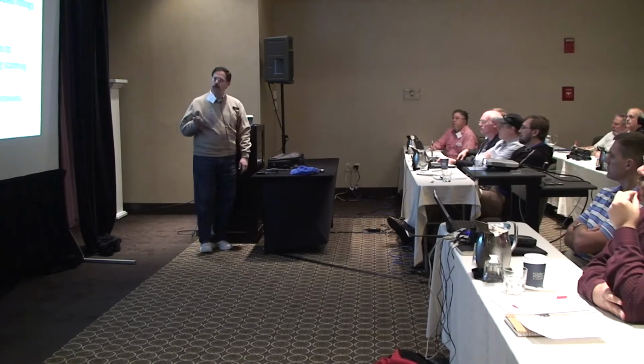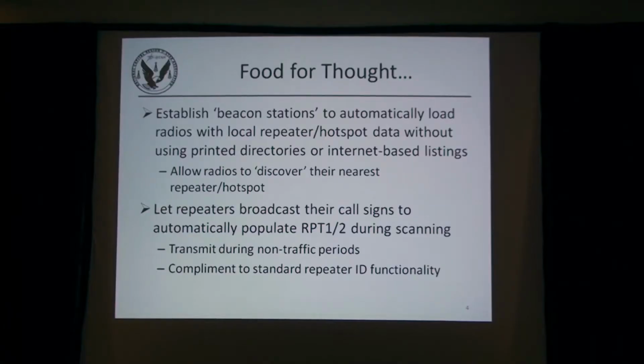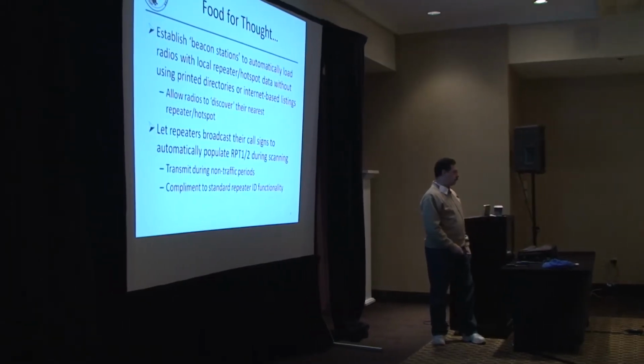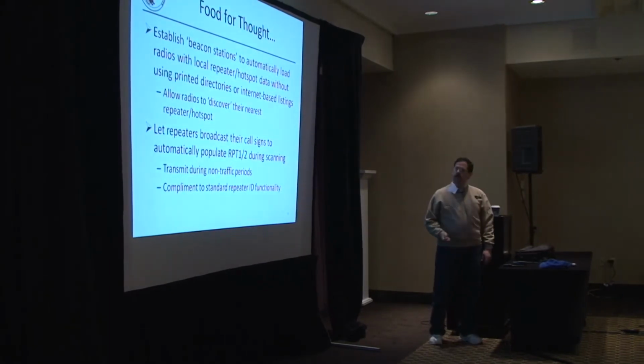And the thing that I always wanted after that experience was I would really just like repeaters to sort of beacon out this information. Basically, either you have a calling channel or you have a mechanism, even if you're just scanning around, that they broadcast and populate this information into your radios.